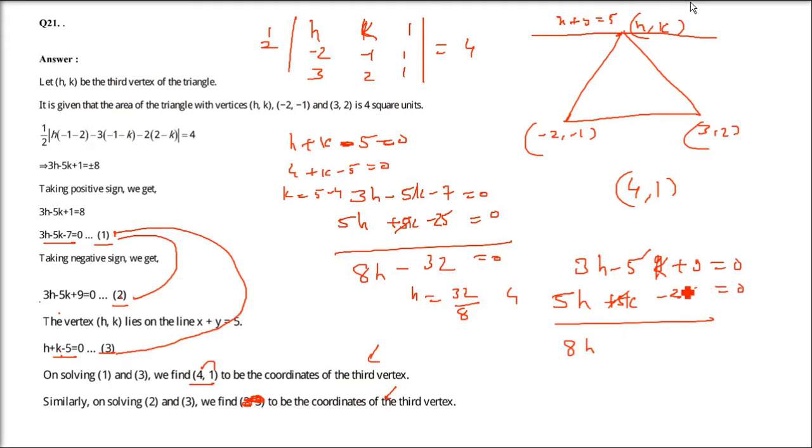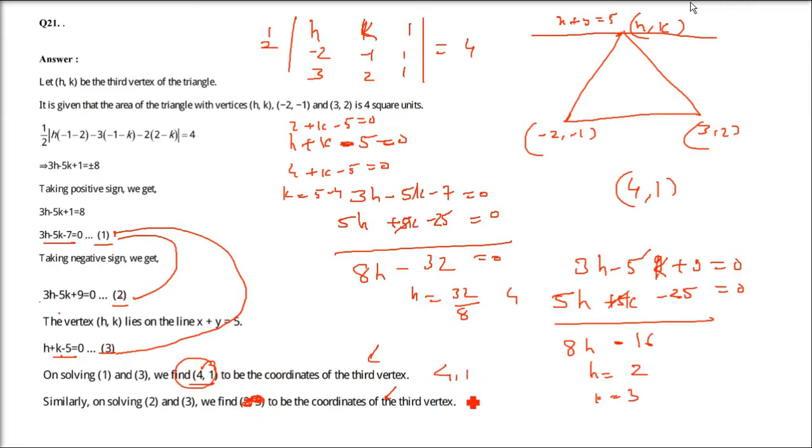Again 5k will get cancelled. 8h. This is minus 16. 8h minus 16 equals 0. Okay. So you get h equals 16 by 8, that is 2. Okay. So now put h in the h plus k minus 5. 2 plus k minus 5. So here you get k equals 3.